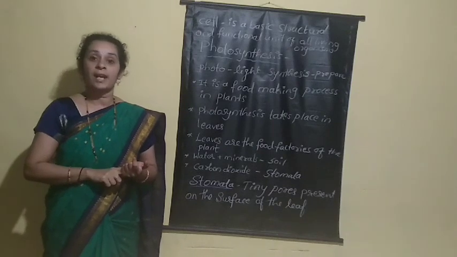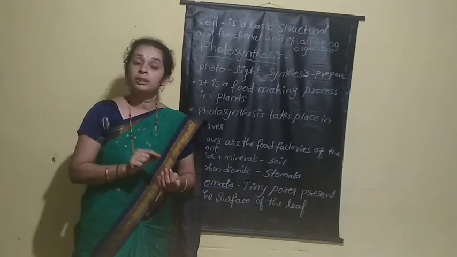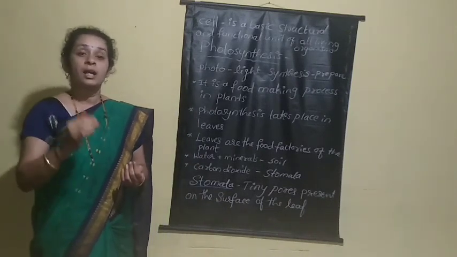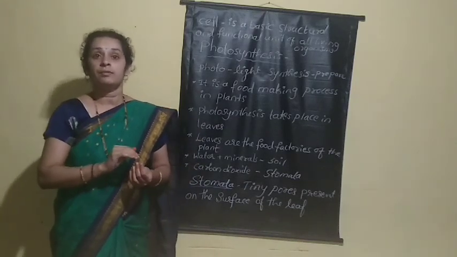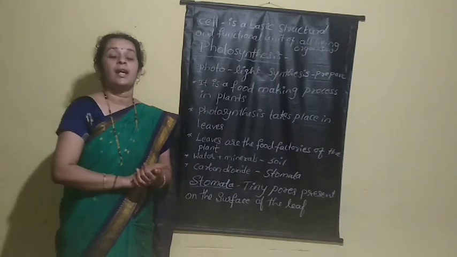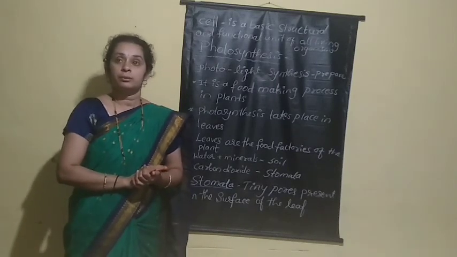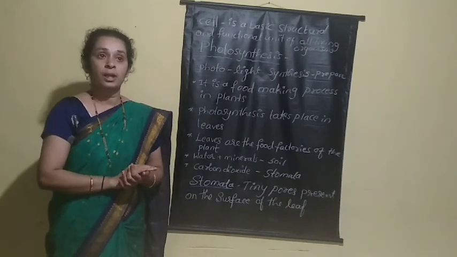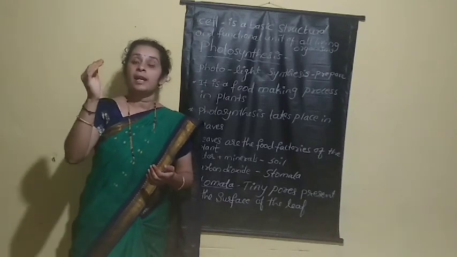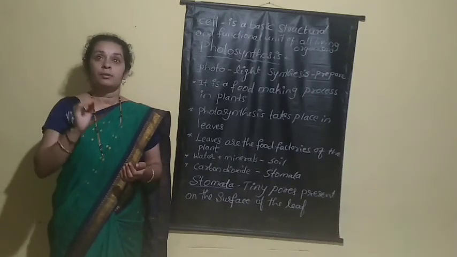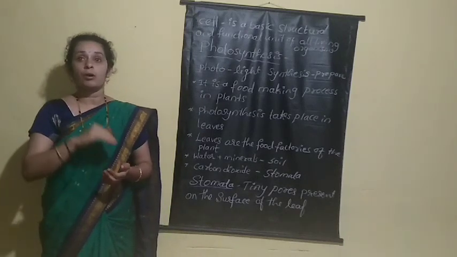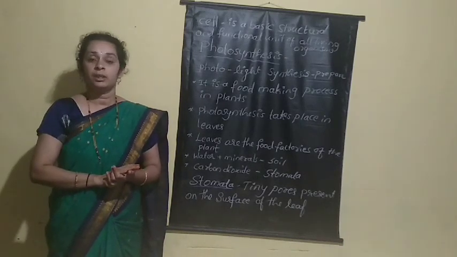They are called stomata. With the help of the stomata, carbon dioxide enters the leaf from the atmosphere, or from the air.